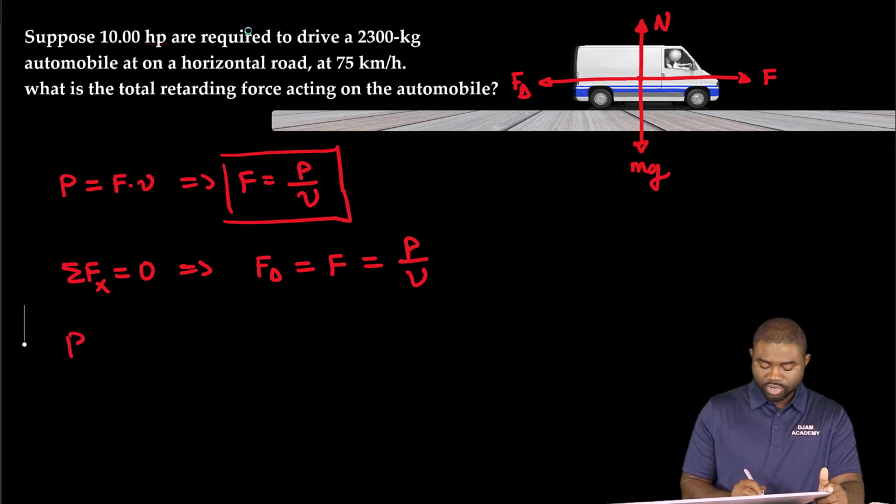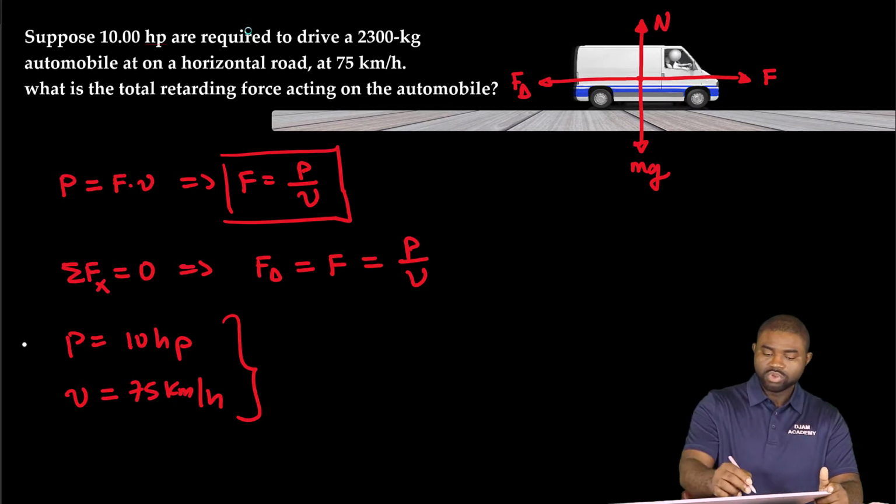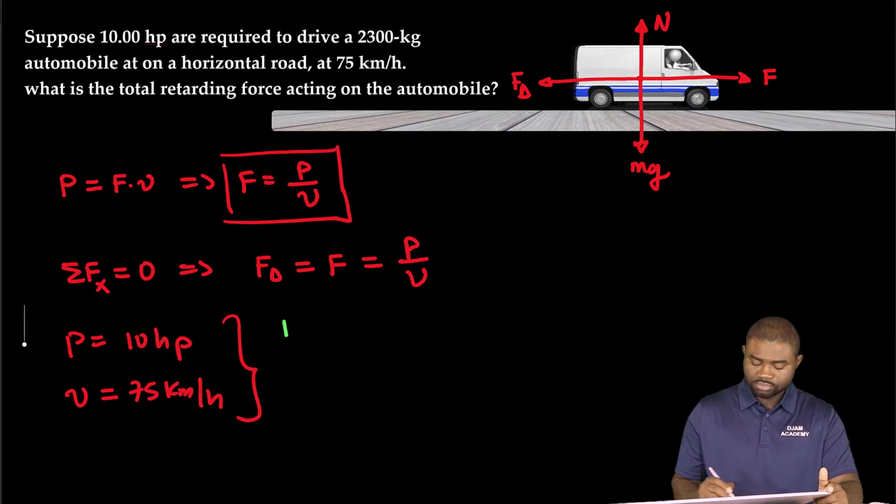Now, the power is given in terms of horsepower, so we have to convert that to watts. And V is given in terms of kilometers per hour, so we need to convert this to SI units. How do we do that? By the way, we know that 1 horsepower is equal to 746 watts.